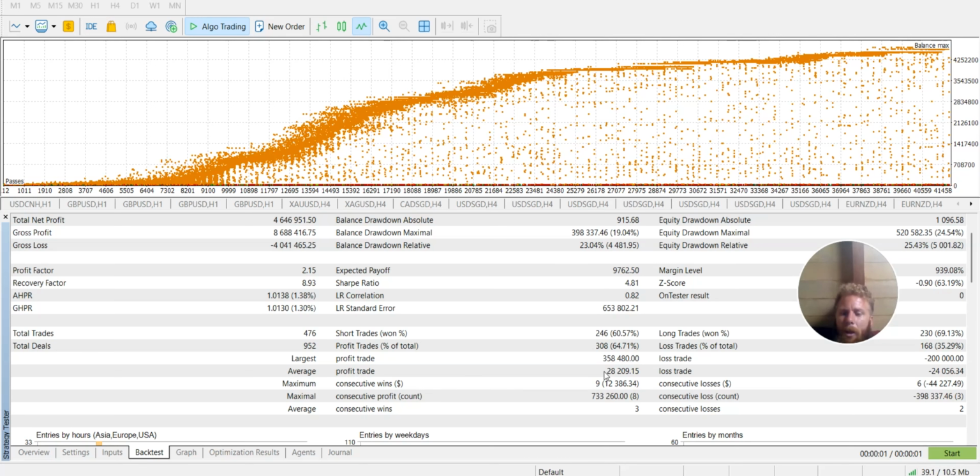For example, I just tested a gold EA, and the average win was around 28,000, but the average loss trade was 200,000 or 300,000, so 10 times. When you calculate a little bit, you add it up, you realize that the EA, even with a 90+% win rate, which is not really doable long term, can be replicated, and this is an issue.